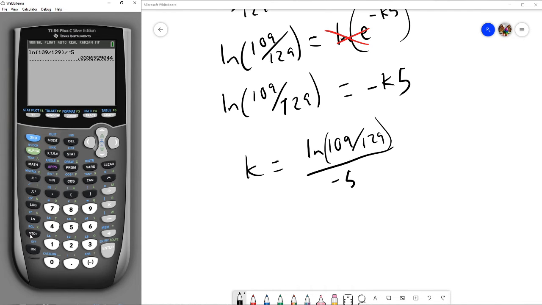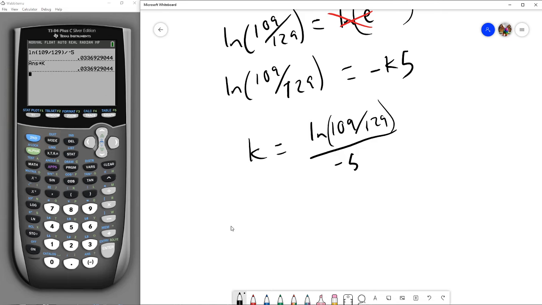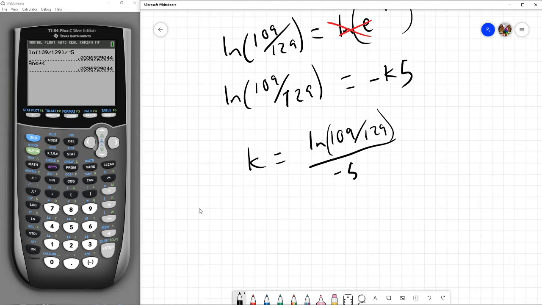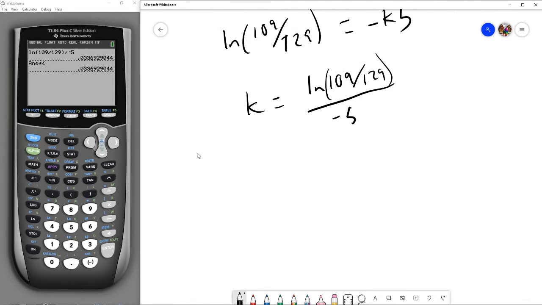I'm going to store this in, how about alpha k? Here we go. So now I have my k value stored in memory slot k. So we can now formulate our equation for number 1. So our temperature will equal, let's see, we said surrounding temperature was 71, our T naught 129, e to the kt.